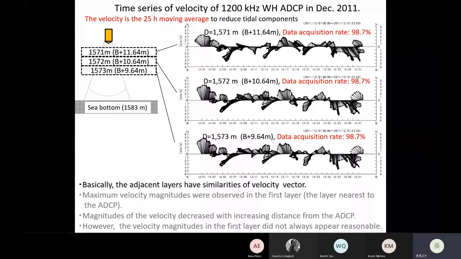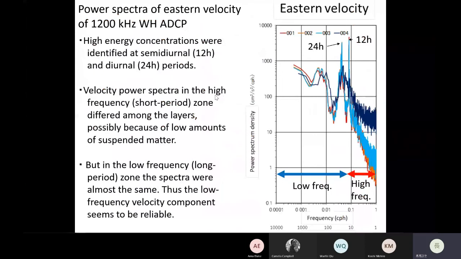As you can see, basically the adjacent velocity layers have similarities of velocity vector. And this is an example of power spectra of eastern velocity of the ADCP. As you can see, high energy concentrations were clearly identified at semidiurnal periods of 12 hours and diurnal periods of 24 hours, like this.